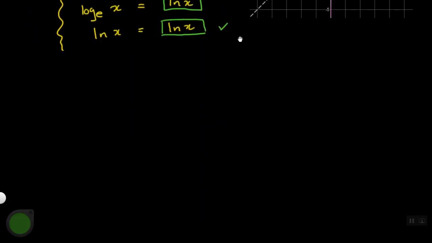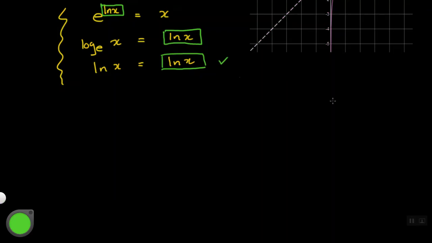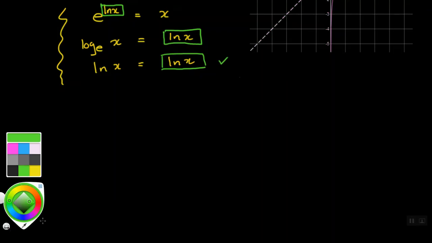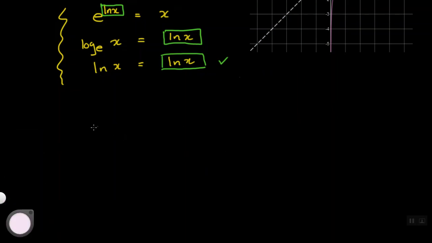Let's look at a couple of examples, like what is e to the natural log of 2, using that second composite function identity more or less at this point? Then of course that is equal to 2.